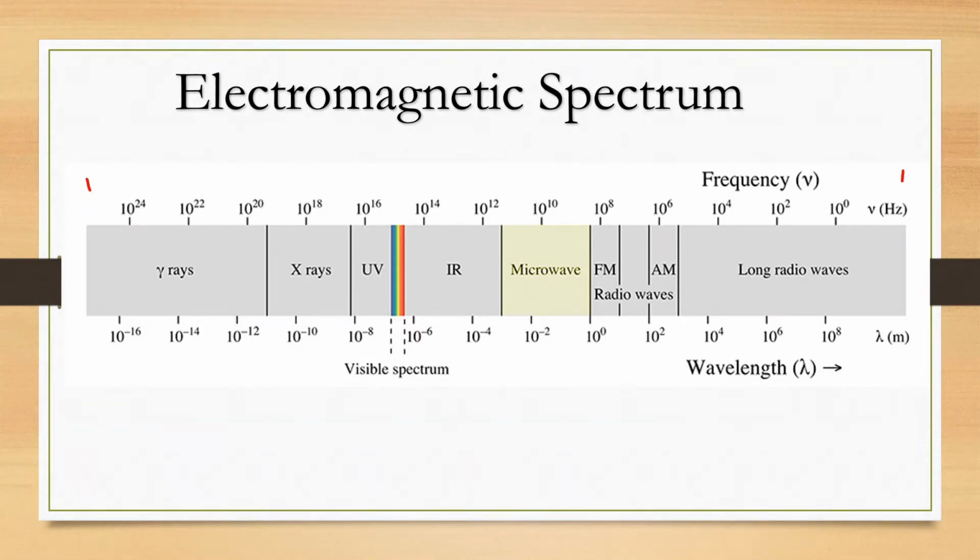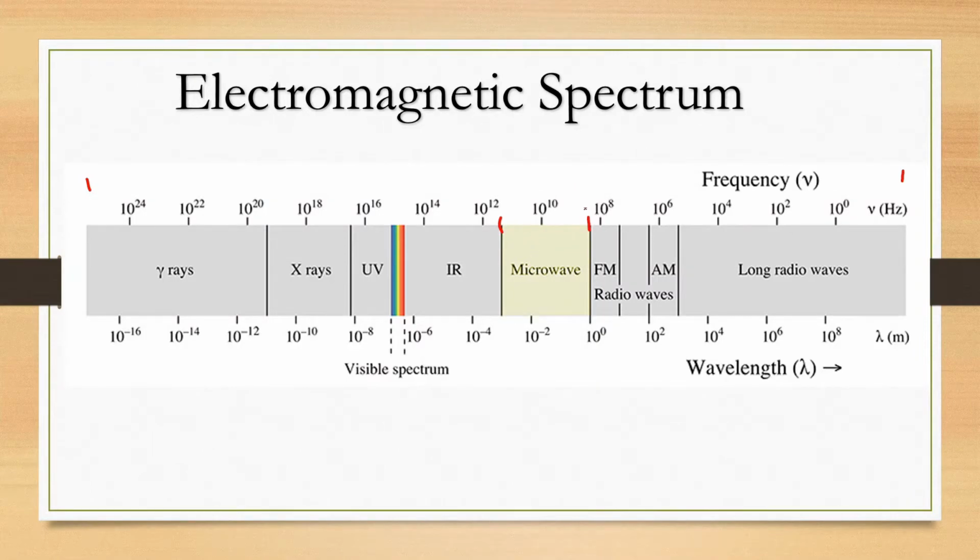That arrangement from a minimum value to a maximum value is our electromagnetic spectrum. Here, the signals which fall under this range are called microwave signals.